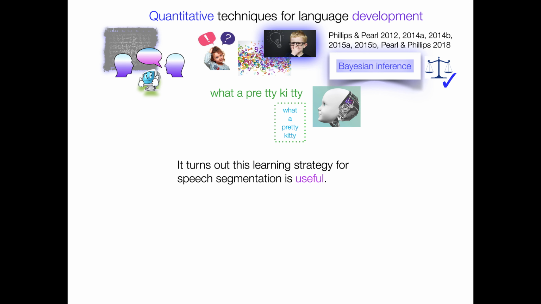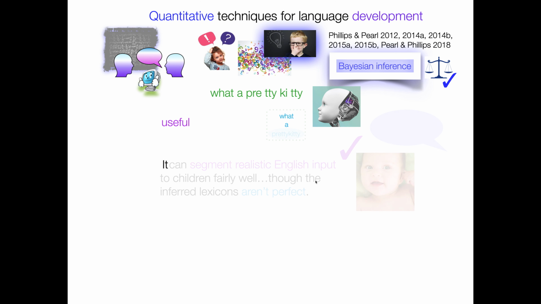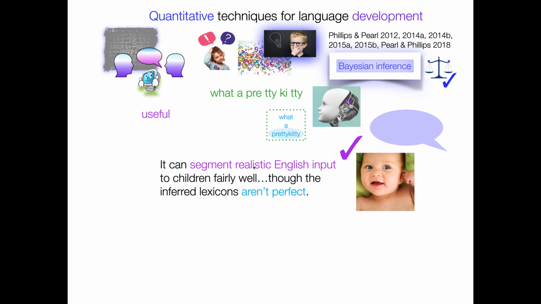And it turns out that this learning strategy for speech segmentation is actually quite useful. What do I mean by that? Meaning it can segment realistic English input to children fairly well. Although the inferred lexicons aren't perfect, for example, it might make a mistake by squishing together pretty and kitty into the same word, because maybe that appears a lot, and so in fact, pretty kitty as a single word seems to be the best fit for these utterances.